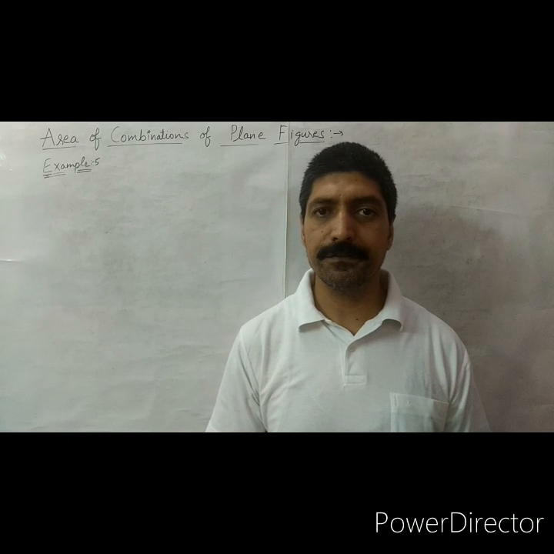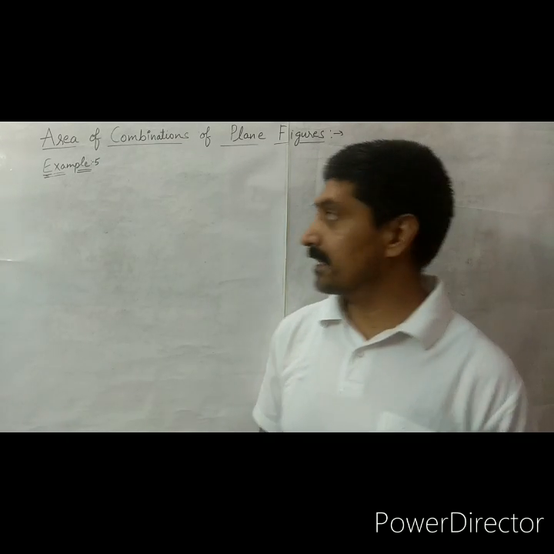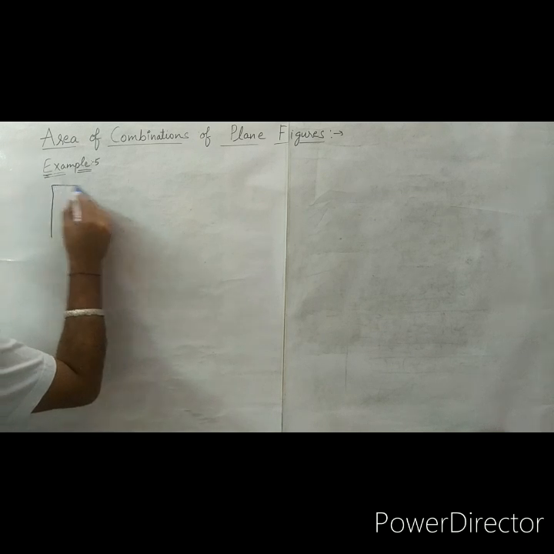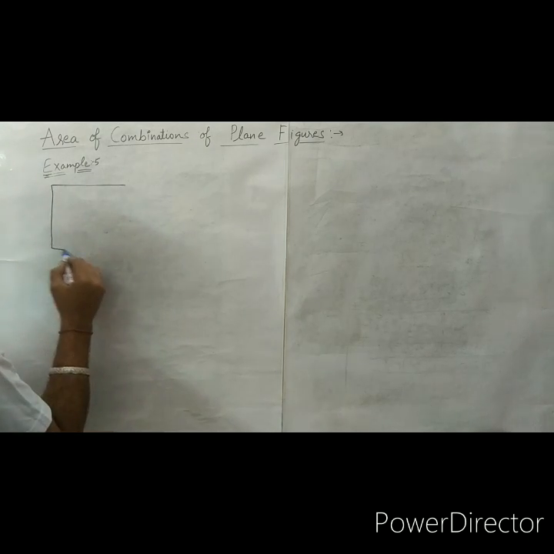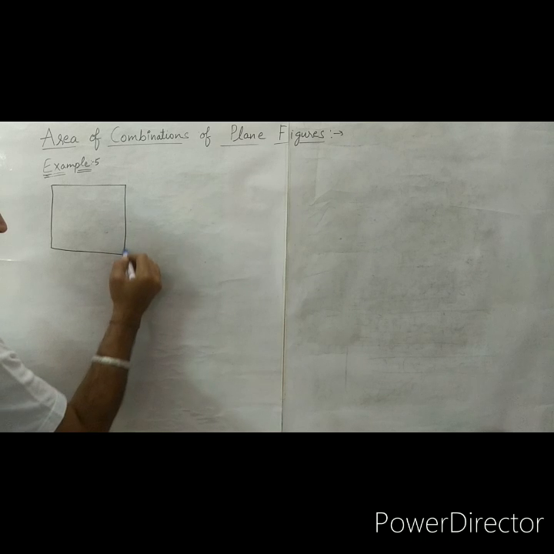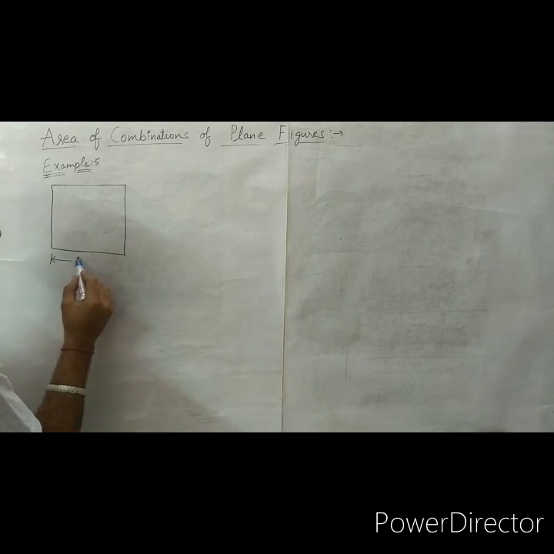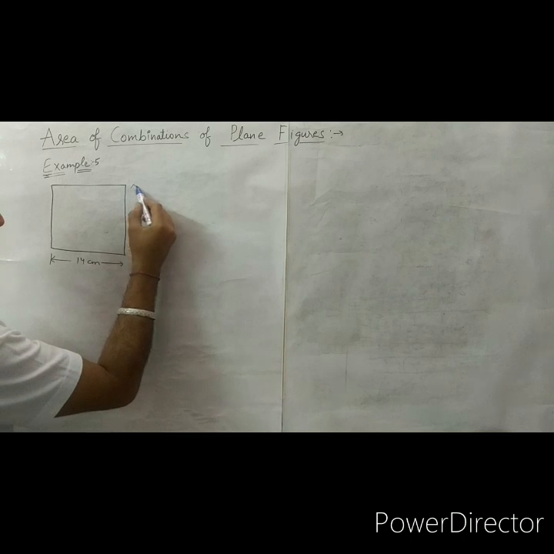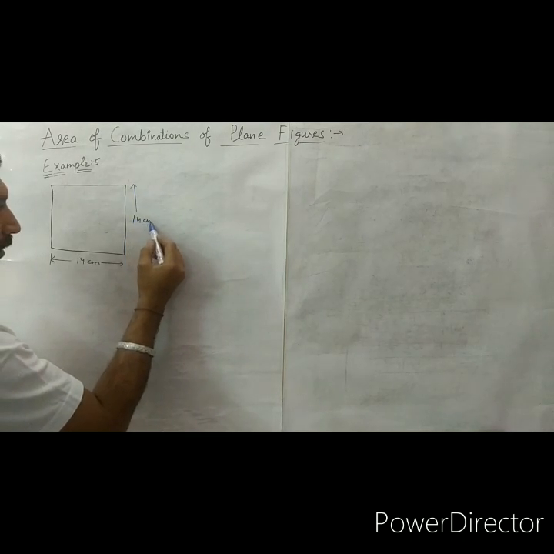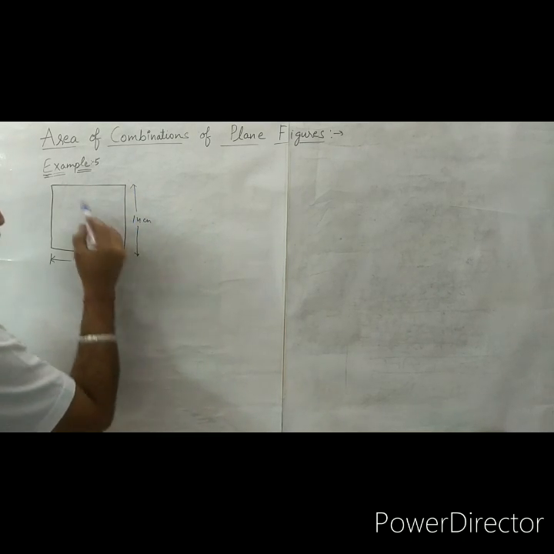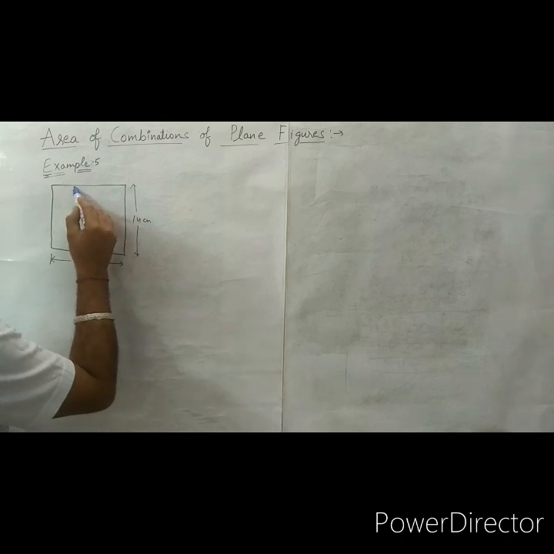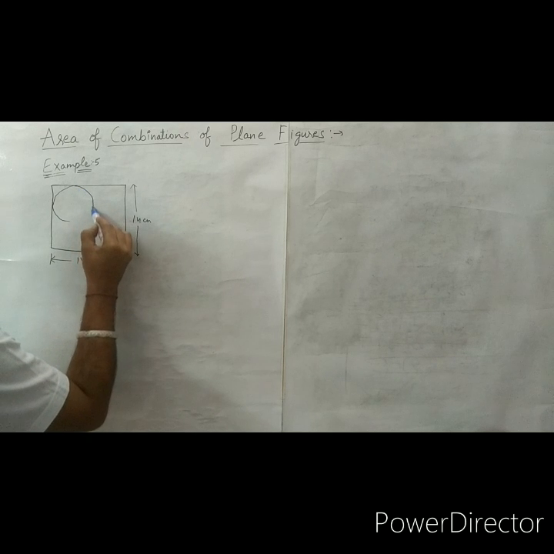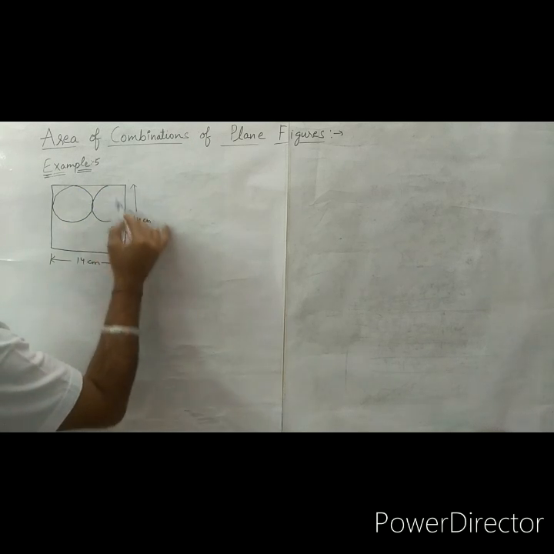Example number 5. In example number 5, the design is in such a way that there is one square with side 14 centimeter and 4 smaller circles arranged so that all are touching.